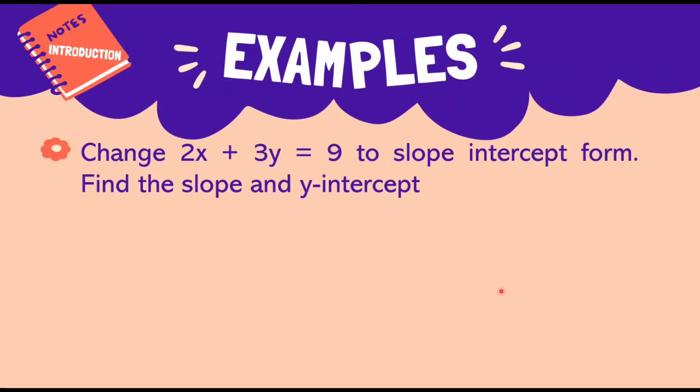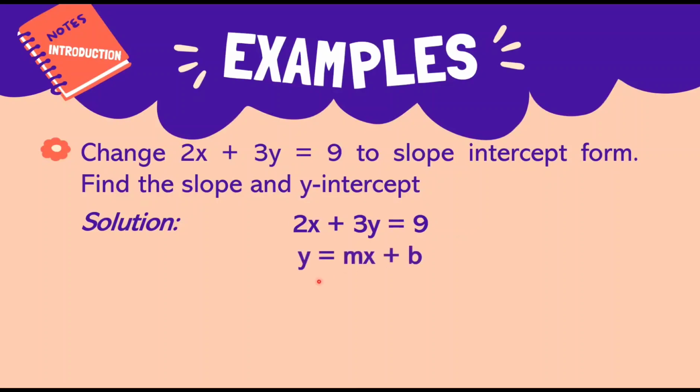Okay, now, so let us have this, our given, 2x plus 3y is equal to 9. Again, our slope-intercept form, okay, y is equal to mx plus b. So, let us have our given equation written in this form. So, syempre, yung 3y, ilalagay natin dito.